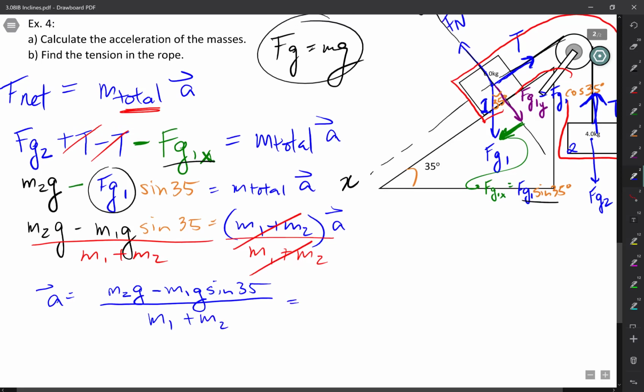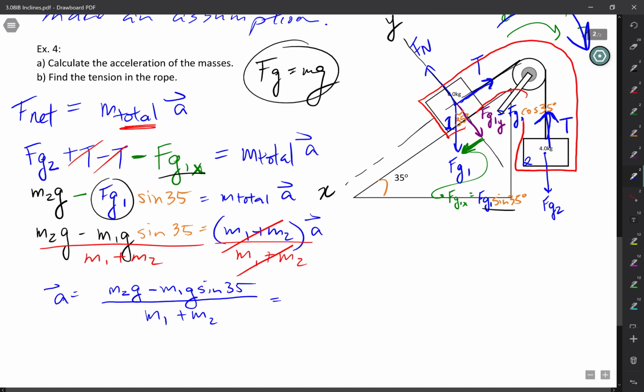Putting in all our values, we have m2, which is our 4 kilograms, times 9.81, minus our mass 1, which is our 6 kilograms, times 9.81, times sine of 35, all over 4 plus 6, which is 10. So let's put all that into our calculator.